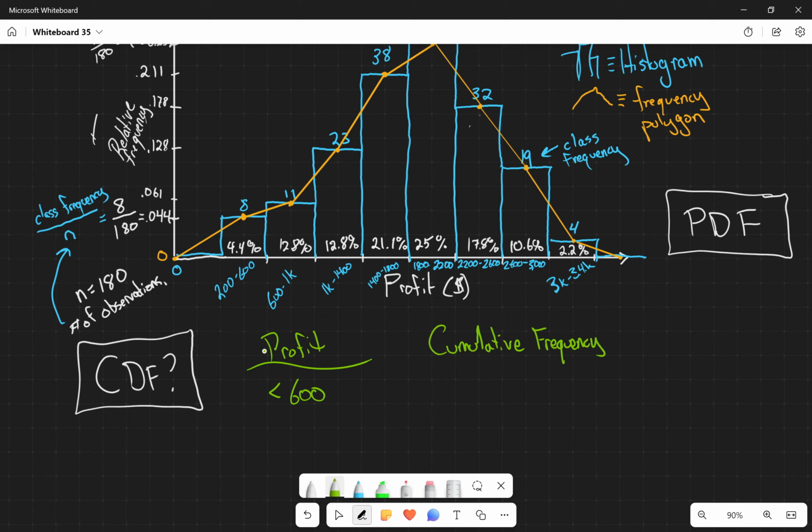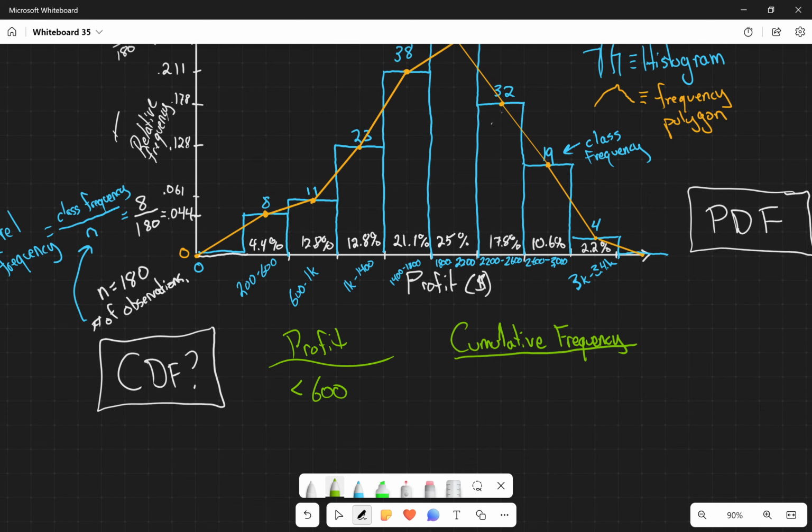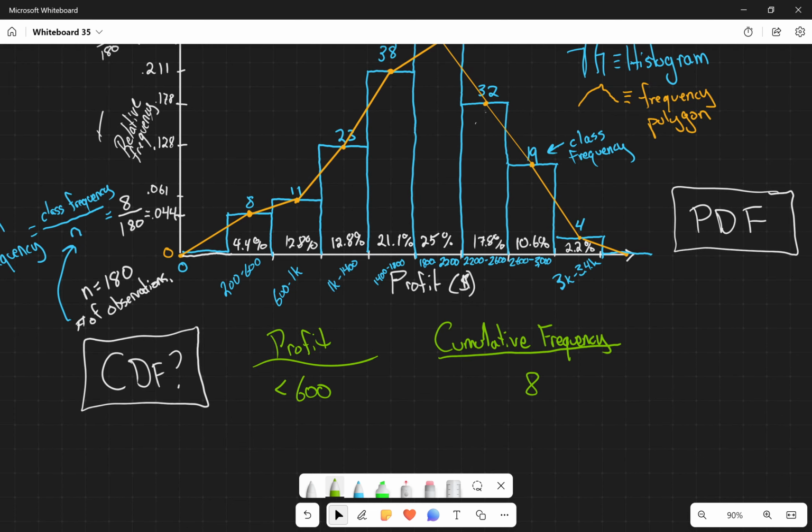So we know that relative frequency is the class frequency divided by the n, right? But what is this cumulative frequency? Well, for the first one, it's the same thing, which is somewhat confusing. So for the first one, the cumulative frequency is 8.